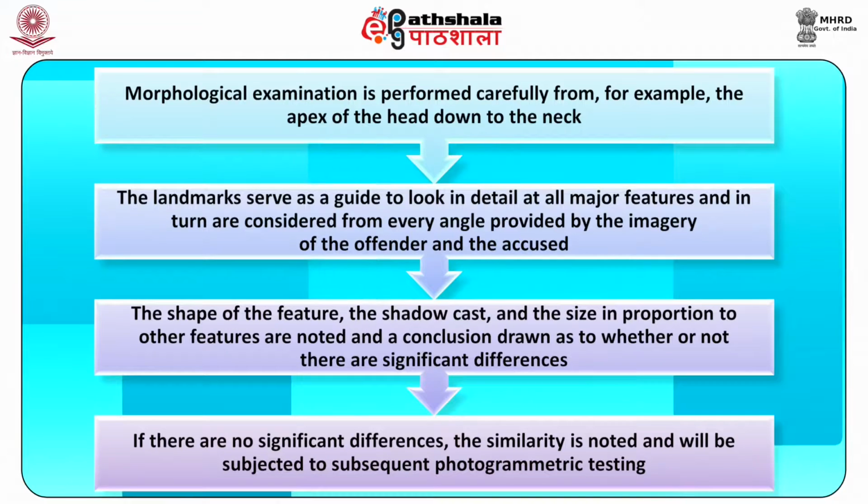This study is one of the several standards for forensic imagery analysis. Morphological examination is performed carefully from, for example, the apex of the head down to the neck. The landmarks serve as a guide to look into the detail at all major features, which in turn are considered from every angle provided by the imagery of the offender and the accused.